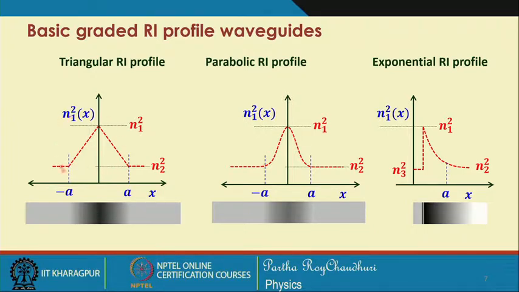So, over this region, because of this symmetric linear profile, we call this a triangular refractive index profile, and it is very interesting analytically and from a mathematical point of view also.